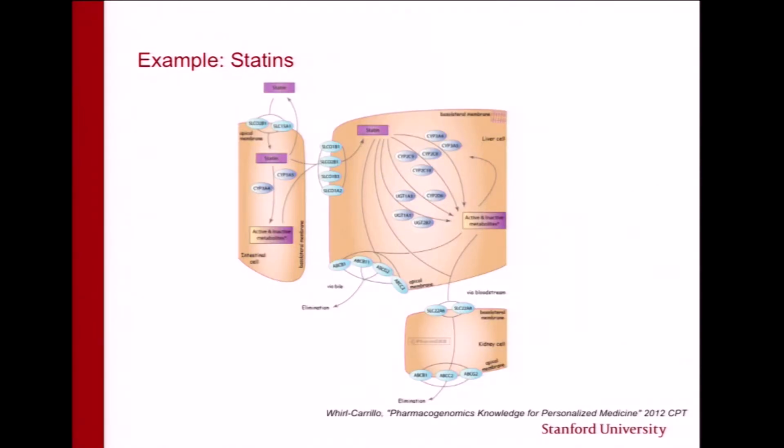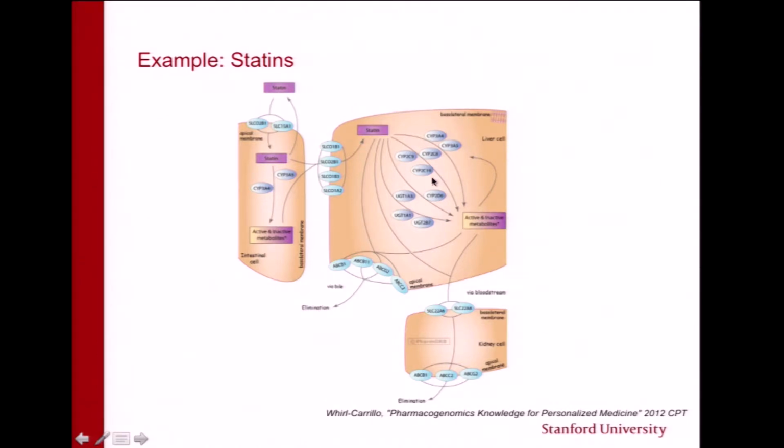So this is an image from the PharmGKB website, which shows statin as it travels through the body. You'll see statin in the upper left, which is a purple rectangle, and these light blue ovals are transporters with the name of the transporter written inside, and then these purple rectangles with the yellow are any metabolites that are produced, and the dark blue ovals are metabolizing enzymes.